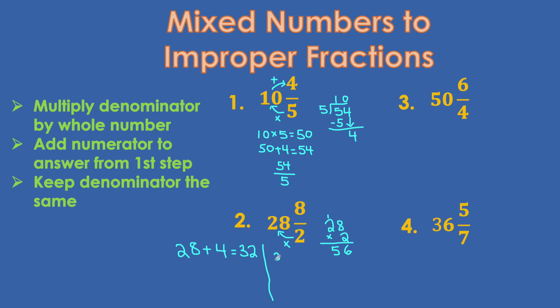So 28 times 2 equals 56. And then we're going to take that number and add 8, because 8 is our numerator.